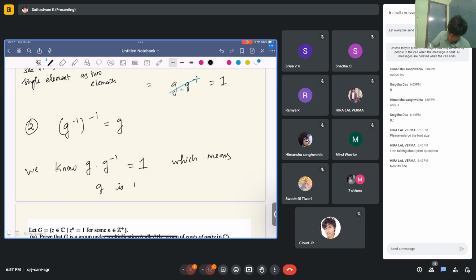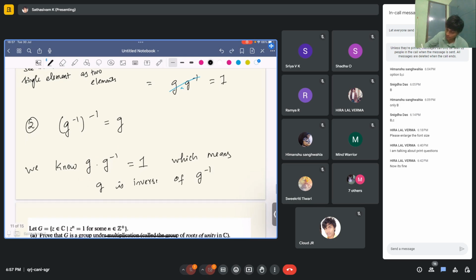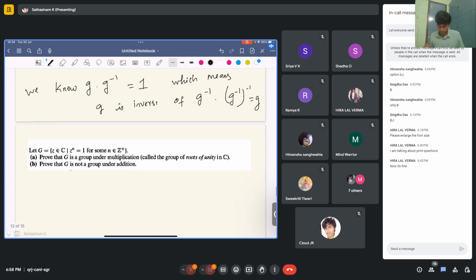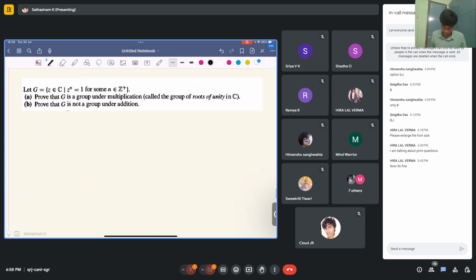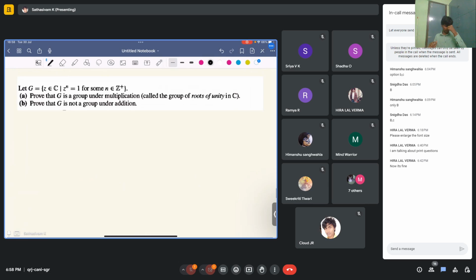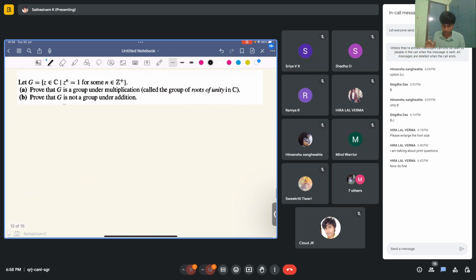So that is the same as saying G inverse inverse is nothing but G. So there's nothing to prove here. Okay, so let's move on to a different question. Whatever we did earlier was kind of obvious, but this is a little more interesting.